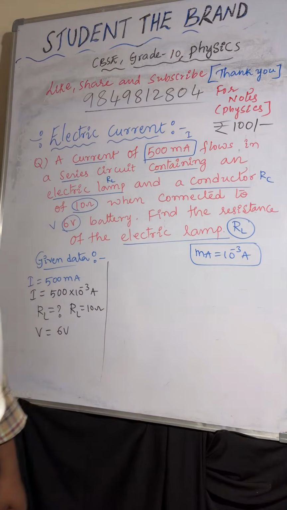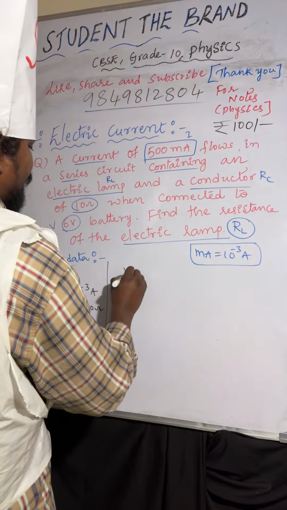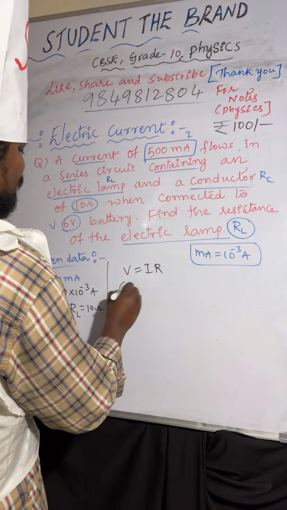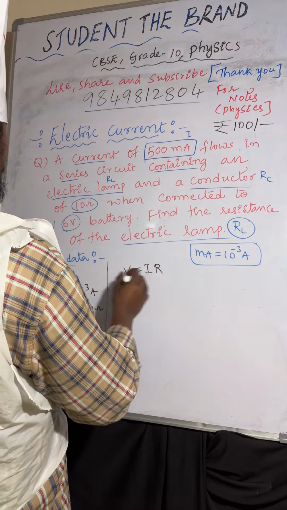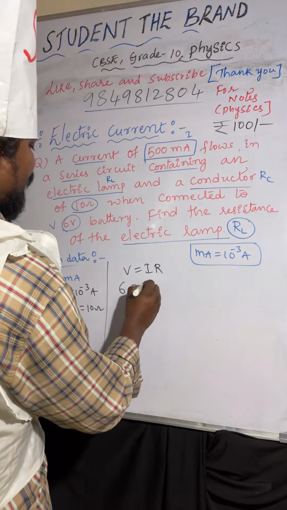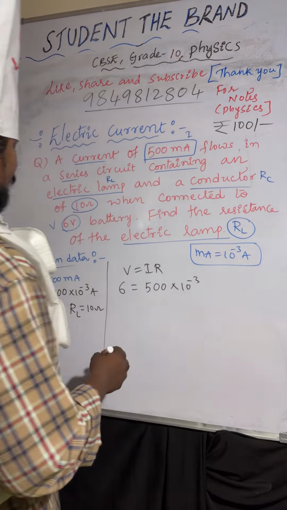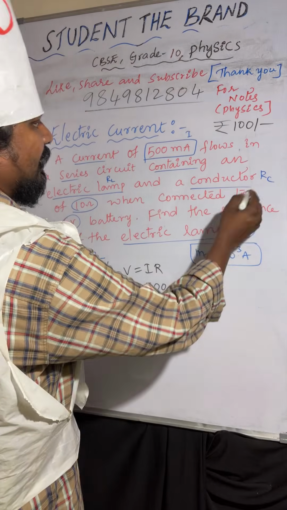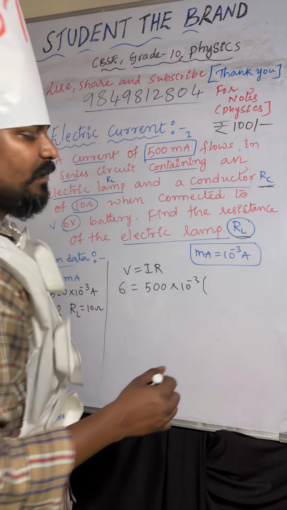So V equal to 6, and I equal to 500 into 10 power minus 3. Instead of R, here they gave resistance of the conductor and resistance of the lamp.